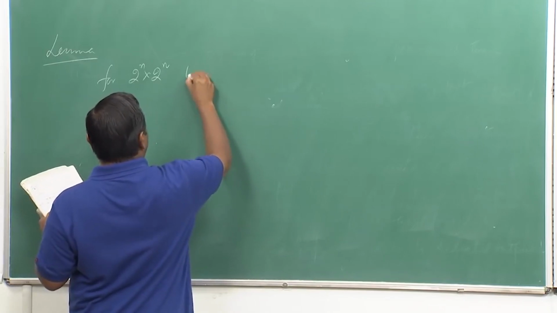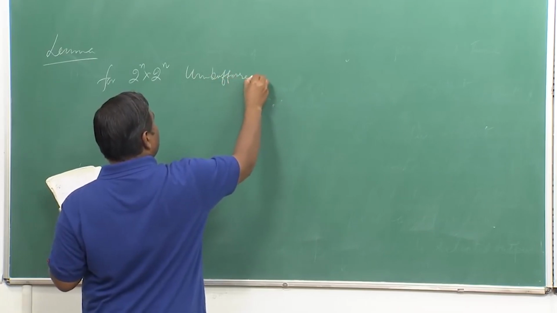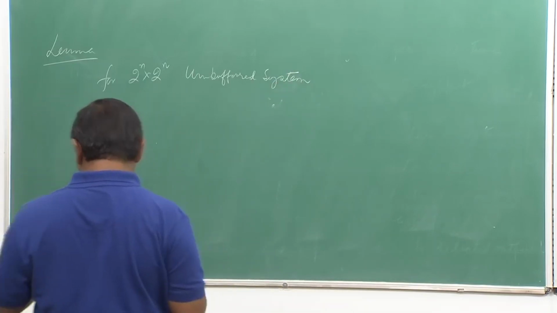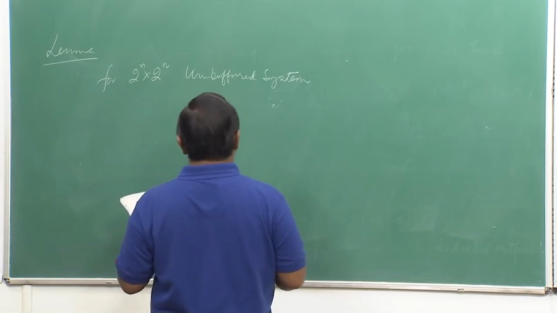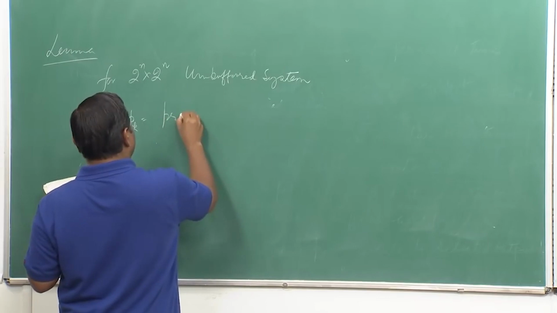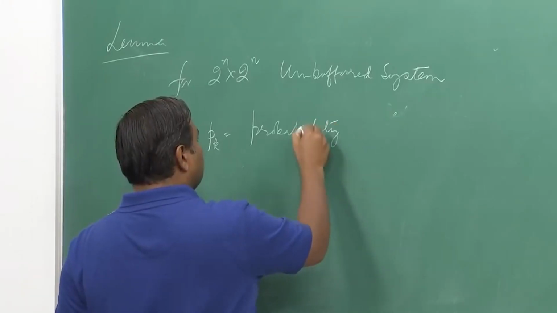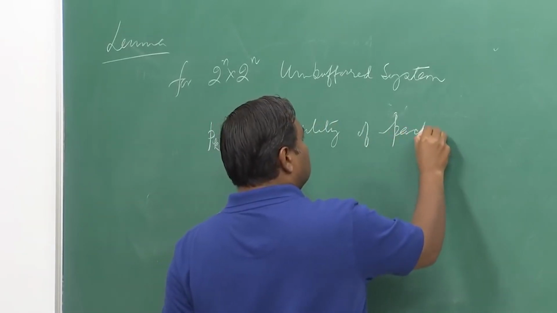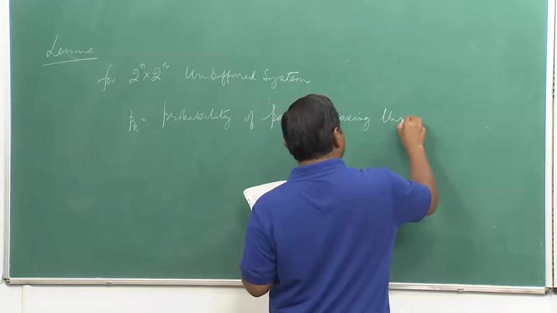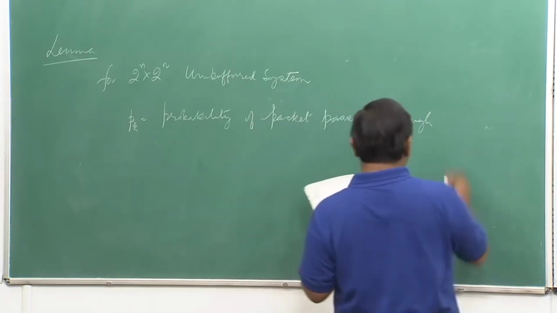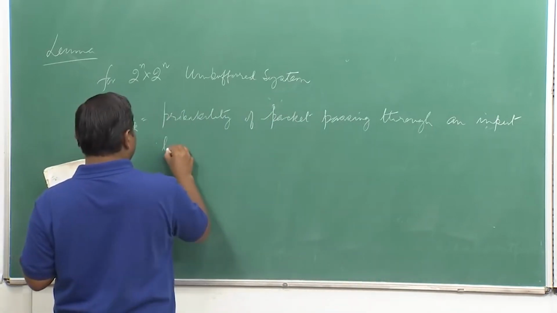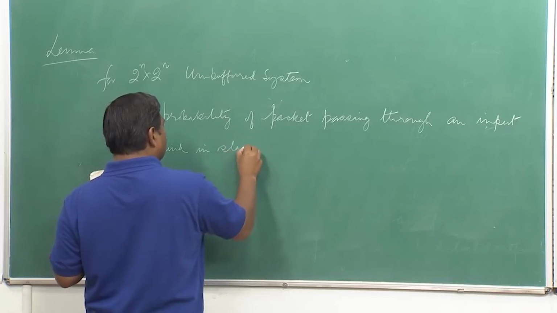For a 2 raised to power n by 2 raised to power n unbuffered system, and with of course all the assumptions which have been taken, we can define Pk as the probability of a packet passing through an input link in stage Sk.